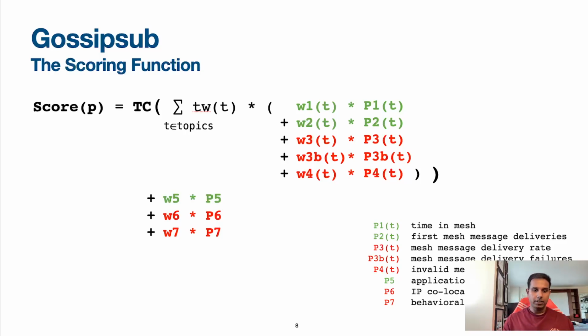The score function protects against misbehaving peers locally. It calculates the score, which if less than 0 will get the peer pruned from a mesh. Peers having higher than average scores are also promoted or added to the meshes. We analyze this scoring function to figure out whether it really does protect against misbehaving peers.